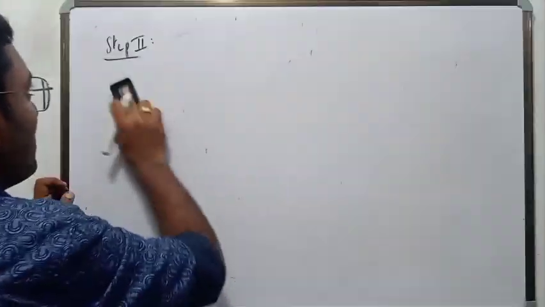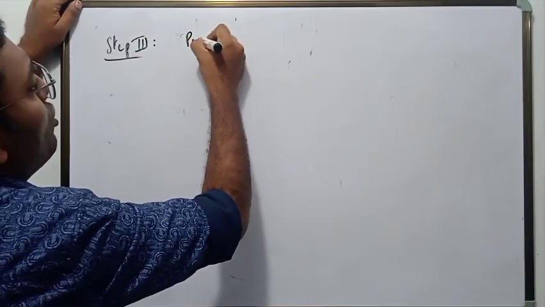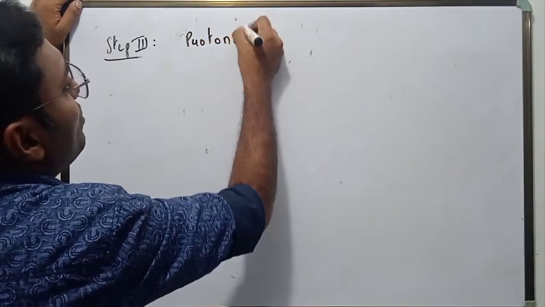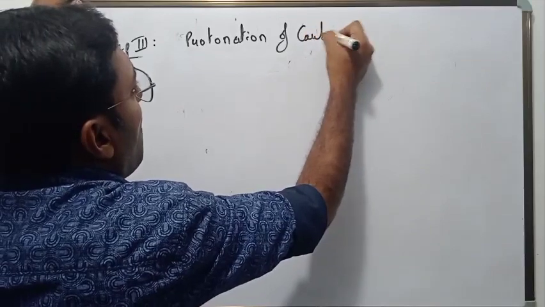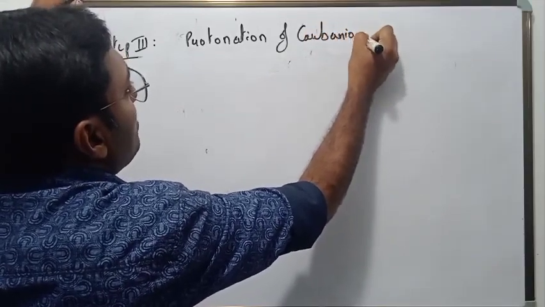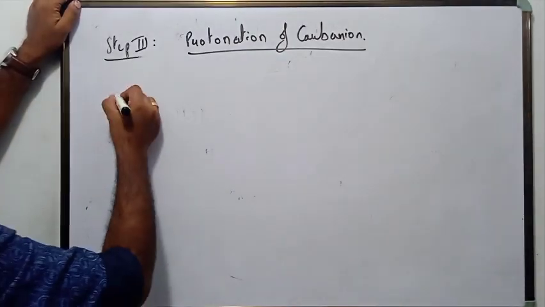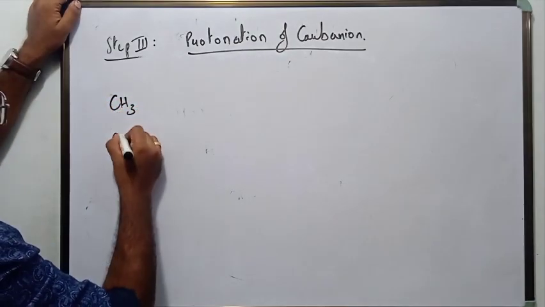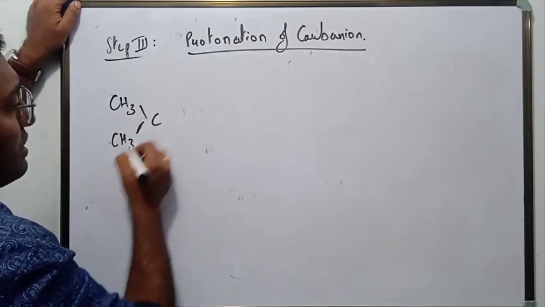Step number 3. Protonation of carbon anion. Let us see what happens in this. We will draw the product of step 2. What was the product? This is the product: C, correct?